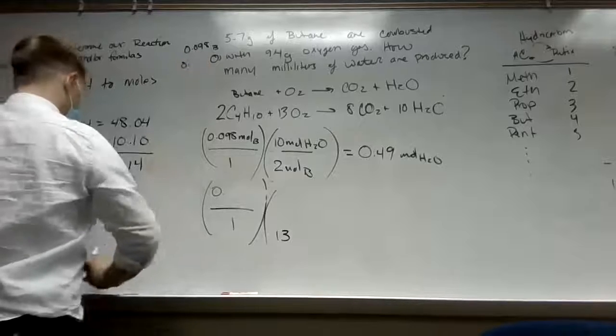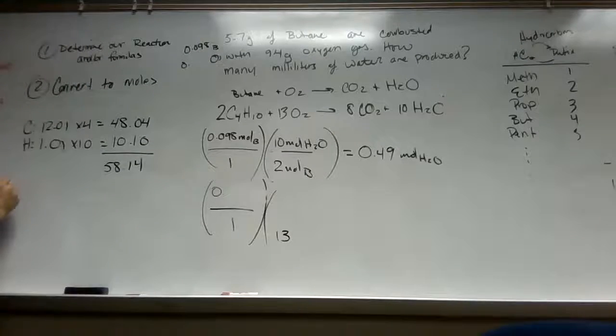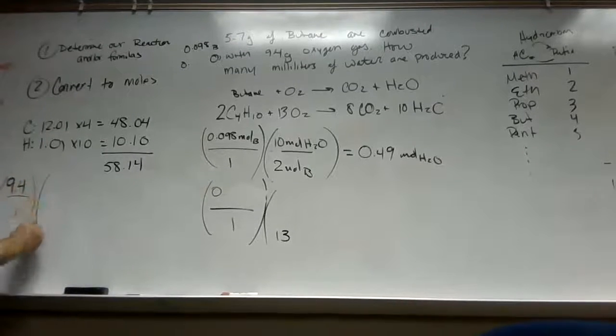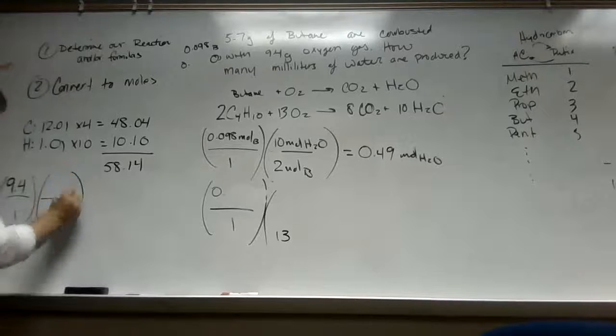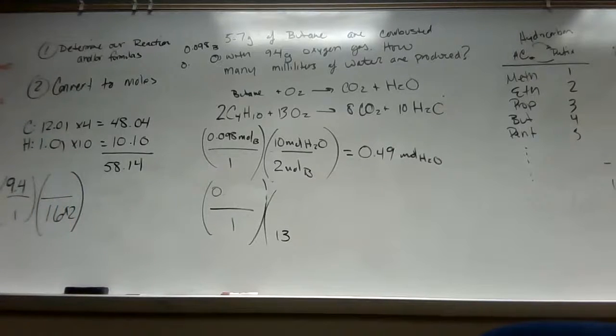Alright, so we're going to take our 9.4 divided by 16 times 2. So we're actually dividing by 32. Right, because oxygen gas is O2, each oxygen has a molar mass of 16. 16 times 2 gives us 32.